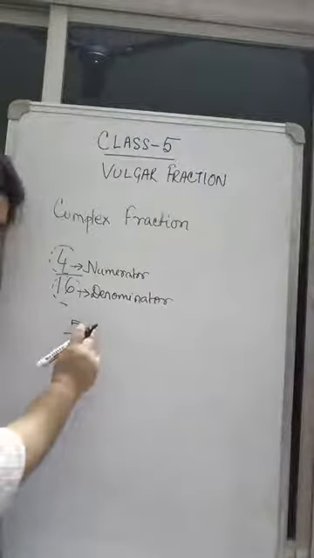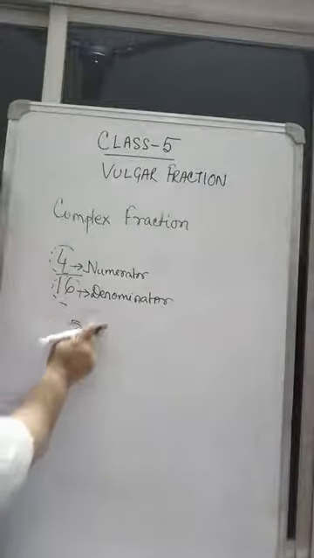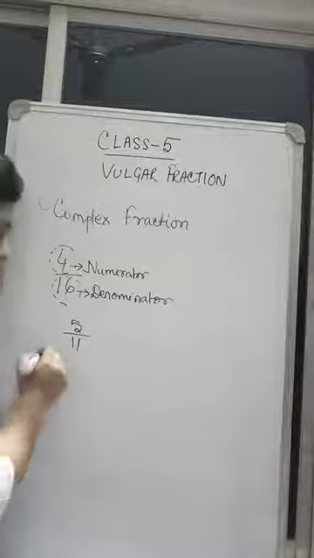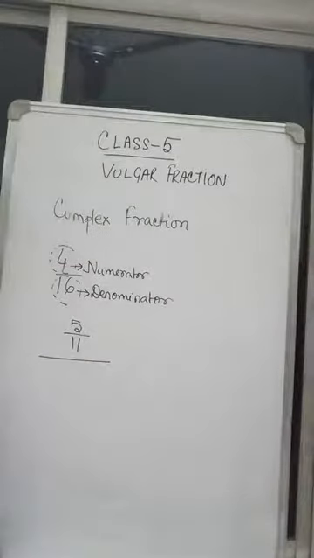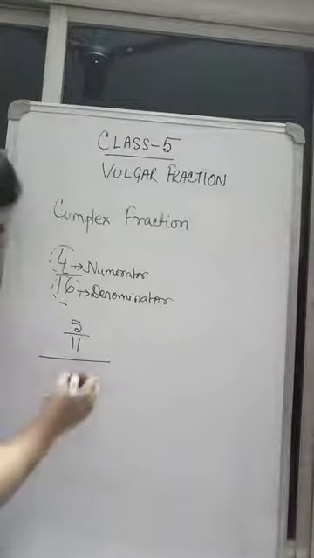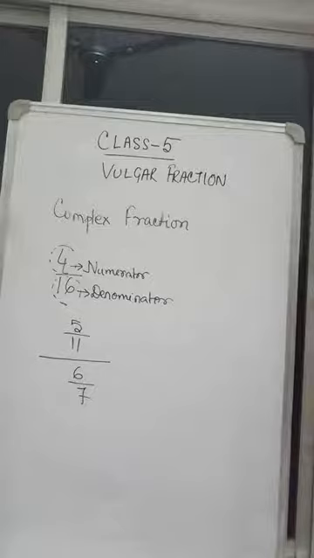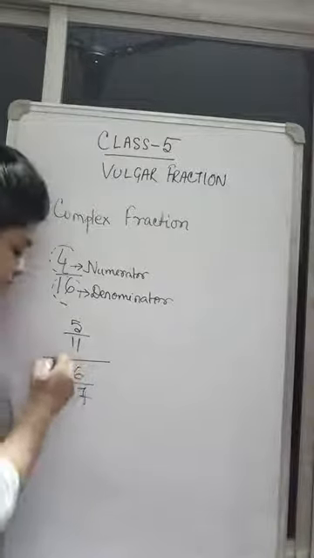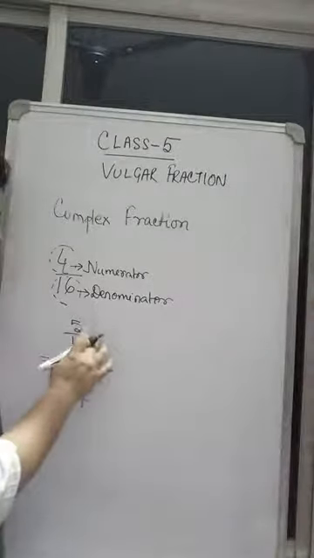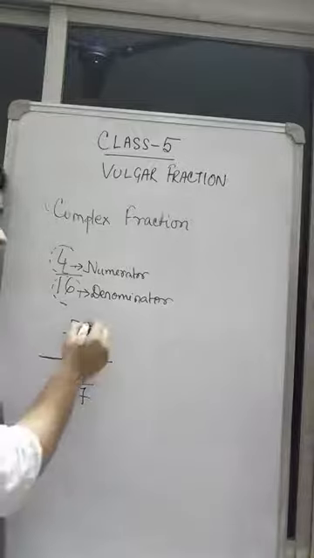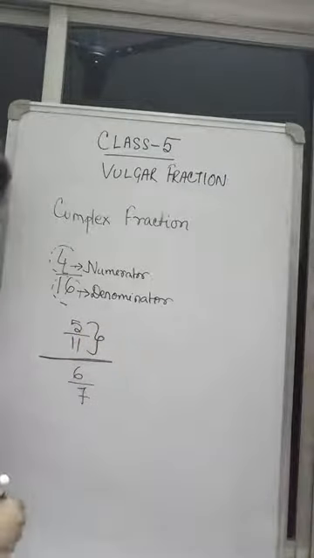It is a fraction, but it together makes the numerator, and the denominator also consists of a fraction. Suppose 6 by 7. So what can you see over here? The numerator or the top part is not a whole number, but it itself is a fractional number.